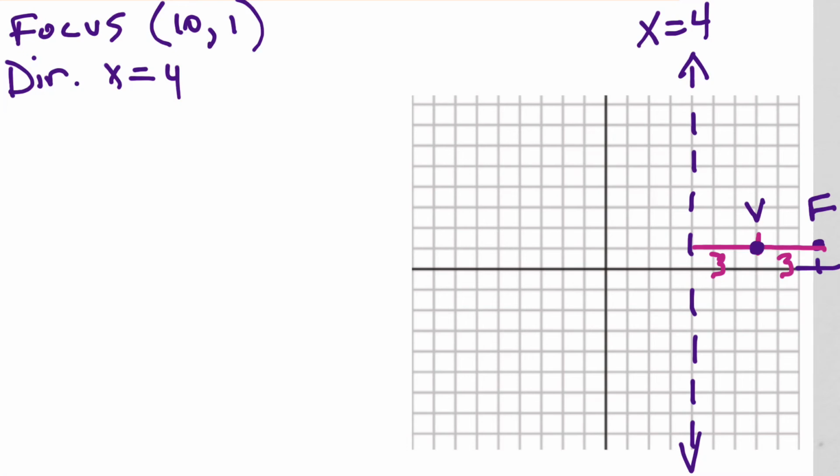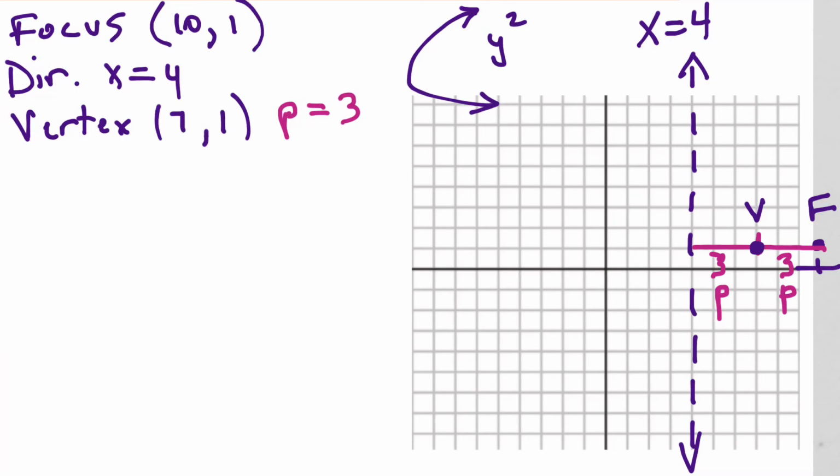So that means the coordinates of my vertex are (7, 1). So let's highlight that.